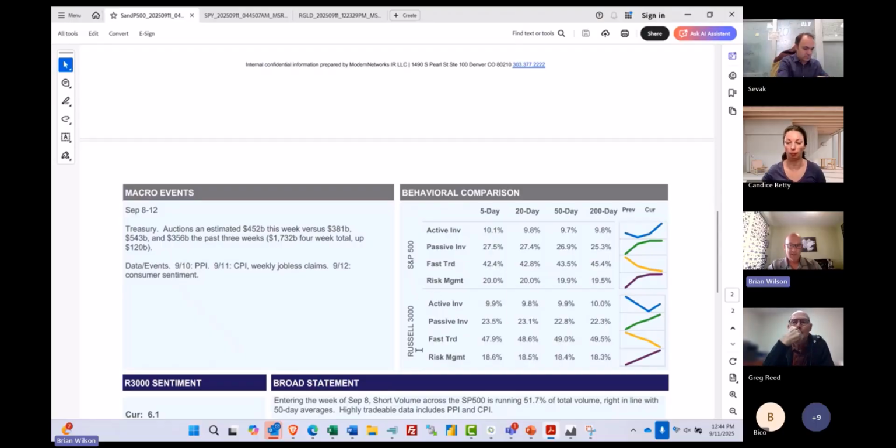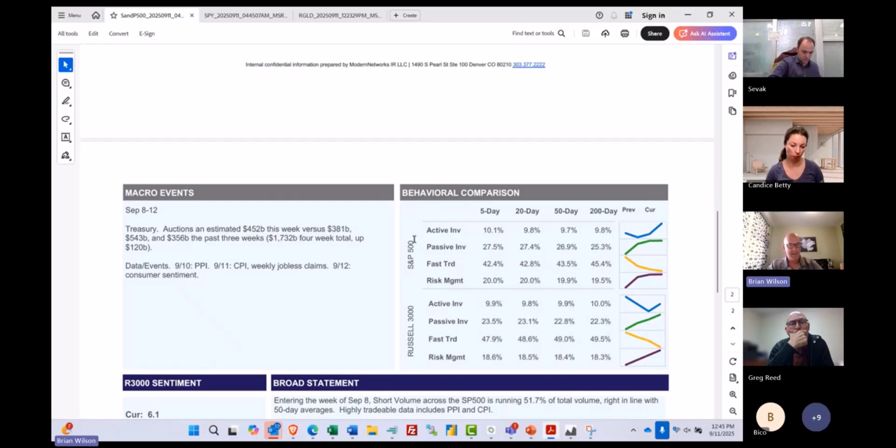What's happening for the Russell 3000? Same general trends, just not as pronounced. You can see on the passive investment side, up by about 120 basis points, much more so for the S&P 500. When we make the connection there, well, money, ETF funds, we're getting more money flowing to the bigger players.